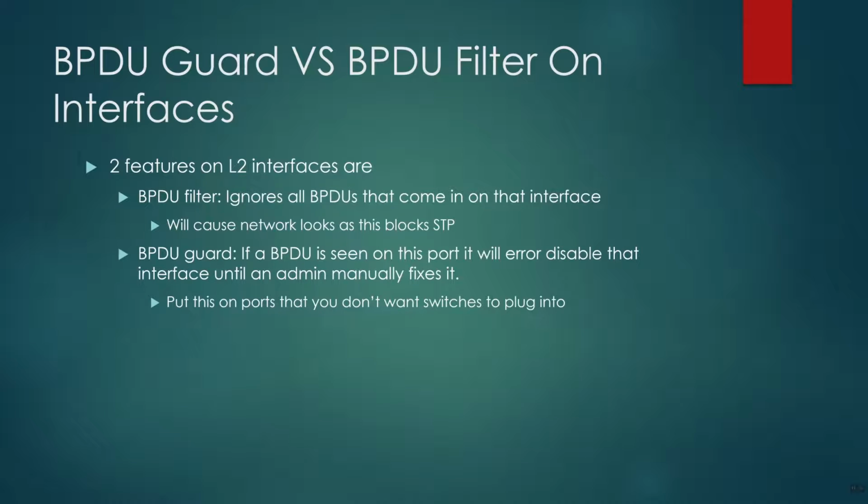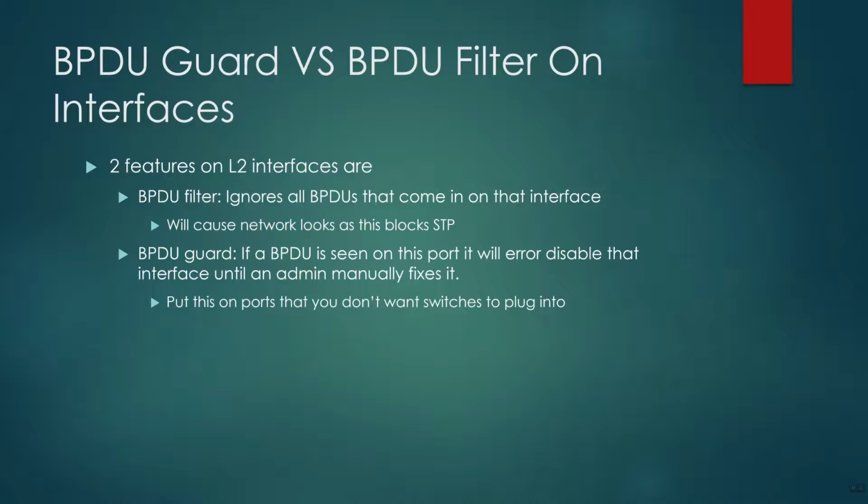So I wanted to go over BPDU guard versus BPDU filter on the interfaces. These are two protocols that sound very similar, but they do very different things and could cause significant issues. So BPDU filter on an interface just ignores the BPDUs that come in on the interface, basically disabling spanning tree.